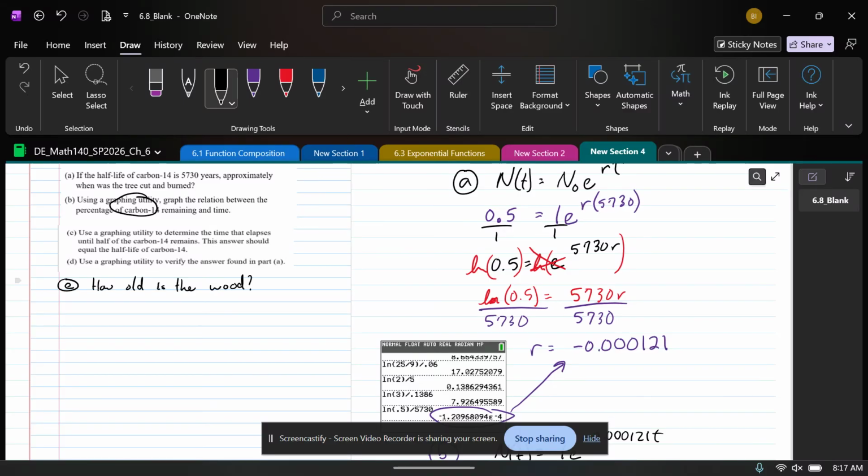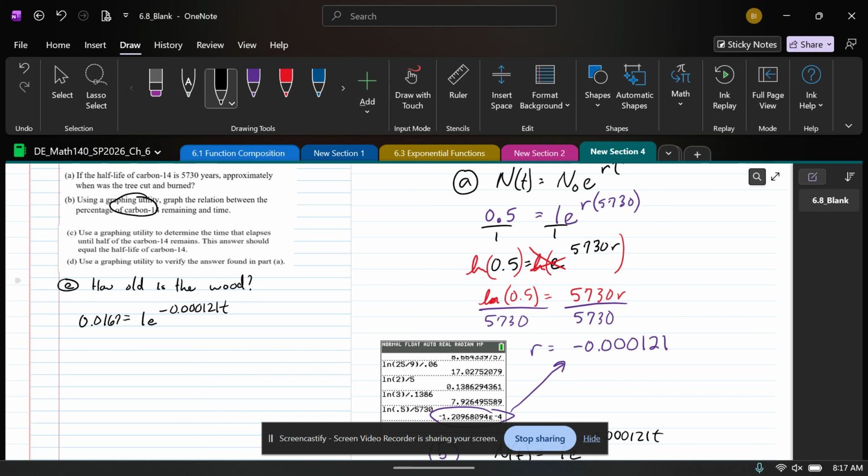So if they ask us to do that, I'm taking that problem and setting it equal to 0.0167. And I could solve that with logarithms. Take the, divide by 1, take the natural log of both sides.